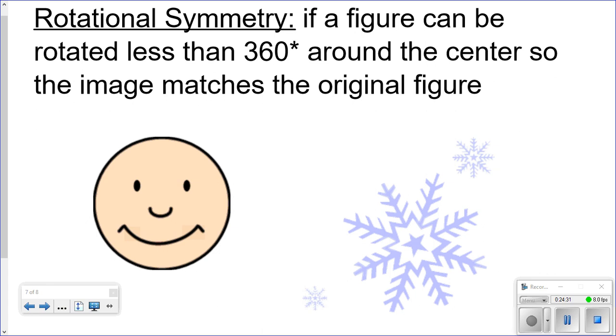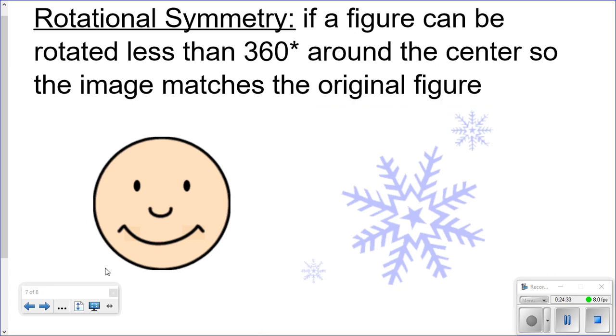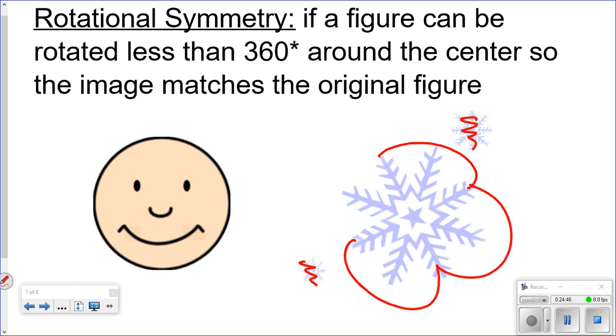Now, if I look at my snowflake here, would this have rotational symmetry? Could I turn it and it would look like the exact image? Yeah, I could turn it till about here, because these look the same, and here, and here, and here. So 1, 2, 3, 4. I could turn this exactly 4 times, and it would look exactly like the image that it started at.